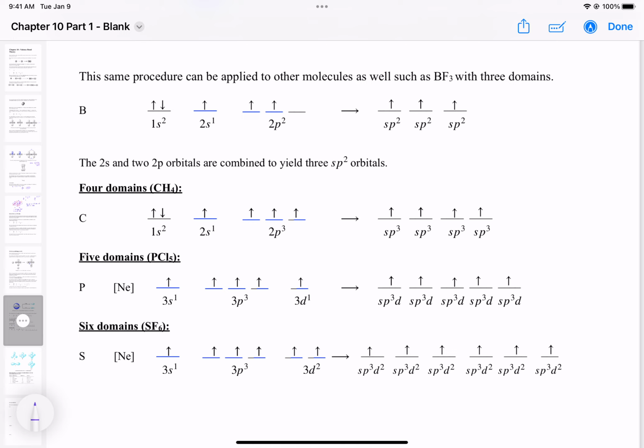So that's how we form the hybrid orbitals. They're commonly used to explain bonding in compounds that have more than 2 atoms. So it's a convenient way to explain bonding in this regard.